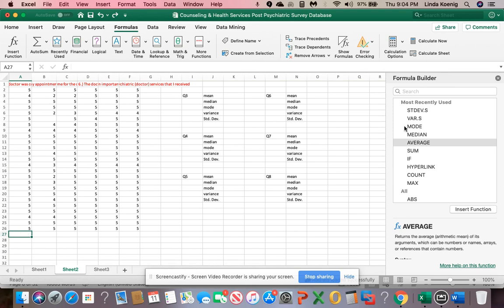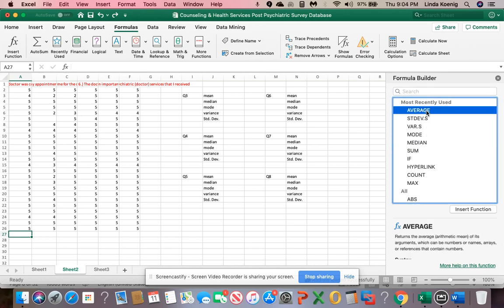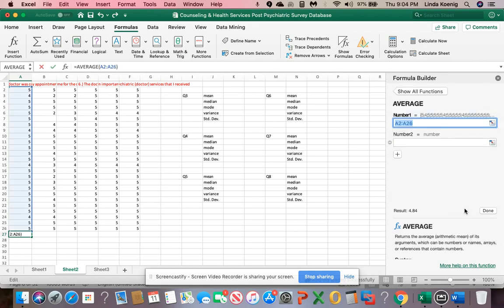And I'm going to put my little cursor there because that's the column that I'm looking at. And I'm going to go over here and I'm going to search for average, which is already highlighted there. Whoops. Average. And then I want to insert that function. And it's going to give me the result right here. And you can see it highlighted this column because I put my cursor down here.